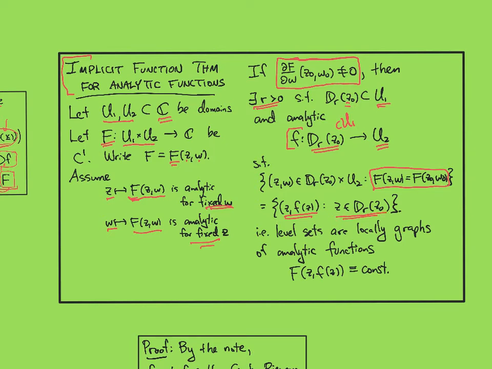So again, level sets are locally graphs, but now they are graphs of analytic functions. So we've built analytic functions that satisfy a given relation or a given equation. Capital F of z comma f of z is equal to some constant.